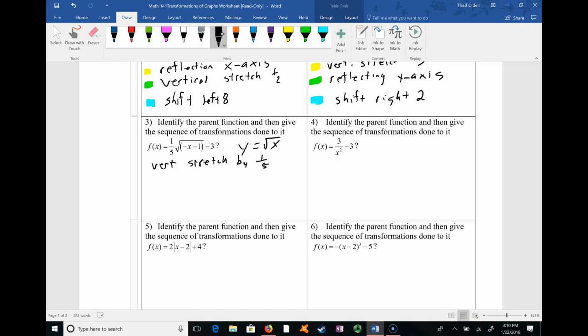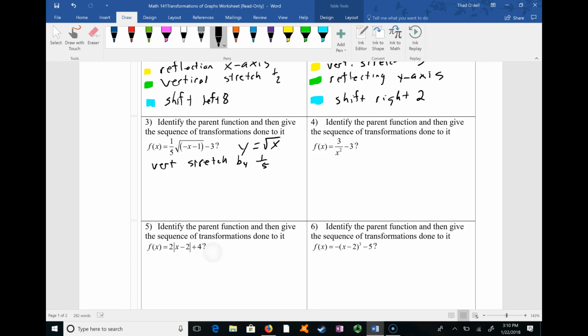If I say I'm compressing by a factor of 1/5, that would actually make it longer. So anyway, I don't want to confuse there. So I'm always going to use the word stretch, and this means that it actually is making things shorter. Vertical stretch by 1/5 means that it's 1/5 as far away from the x-axis. So if I had a vertical stretch by 5, that means it's 5 times as far from the x-axis.